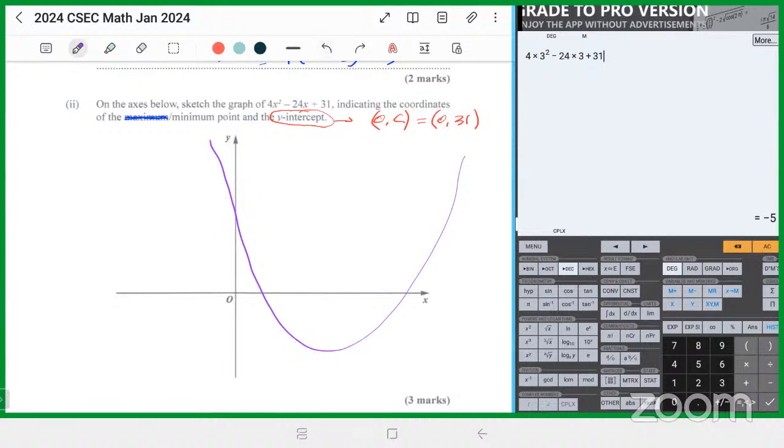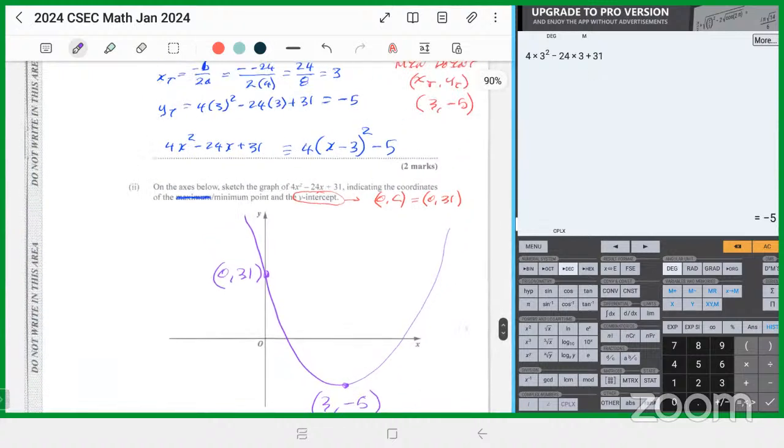Let's label those points now. So this minimum point is 3, negative 5, and this point is 0, 31, 0C. And that's the sketch of the graph. So we can label it, sketch of y equals 4x squared minus 24x plus 31.